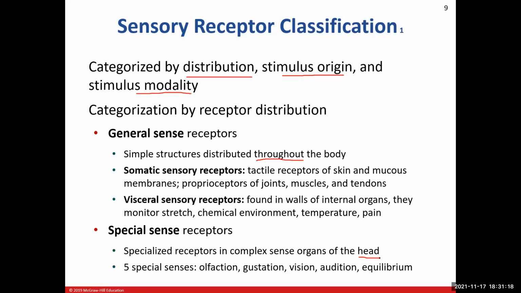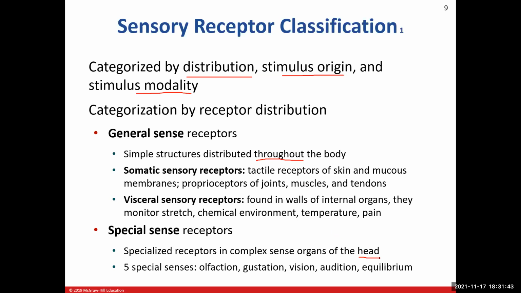So when we're talking about our five special senses, smell, taste, vision, hearing, and equilibrium, all of those receptors are located in the head. But when we're talking about general sense receptors, that includes the head and everywhere else in your body.